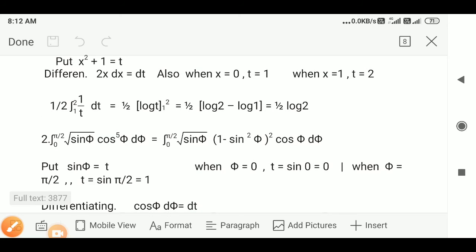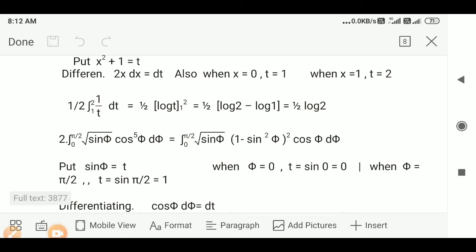Now there is another question. Question number 2. Integral from 0 to pi by 2 of under root sine phi cos power 5 phi d phi. Now you have to convert into sine.